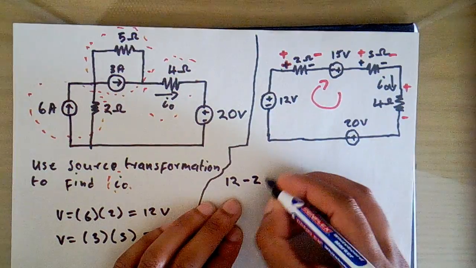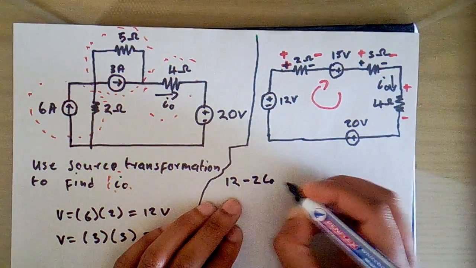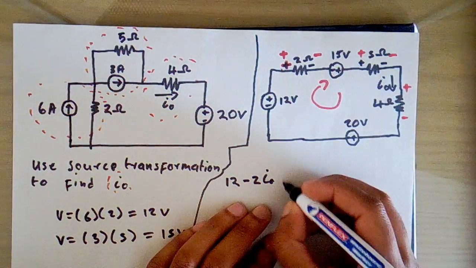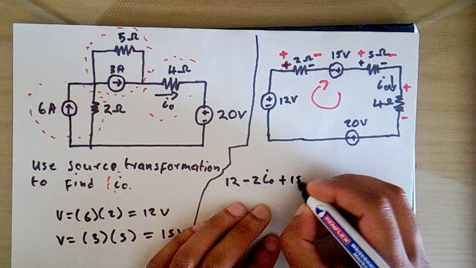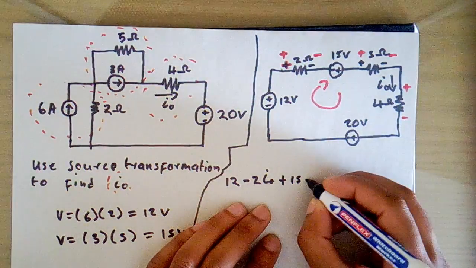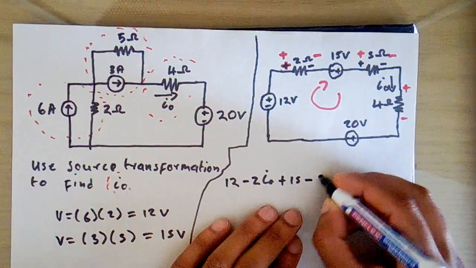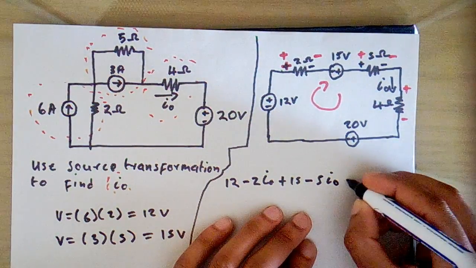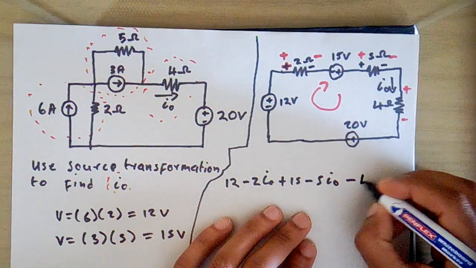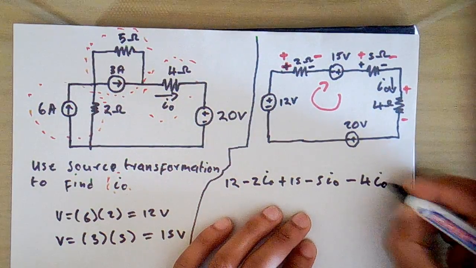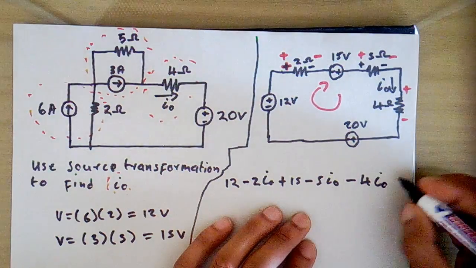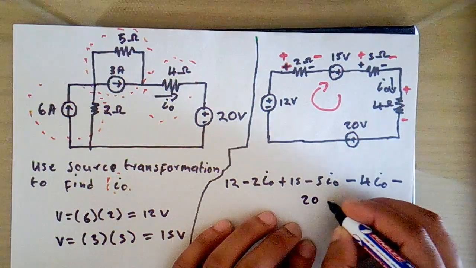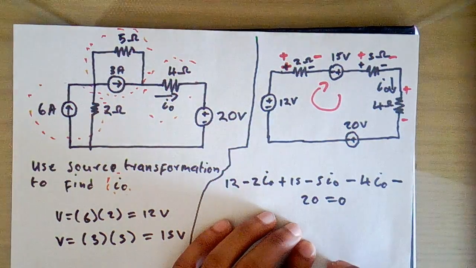It's going to be 2 I0, and this one is positive, plus 15, minus 5 I0, minus 4 I0, minus 20, equals 0.